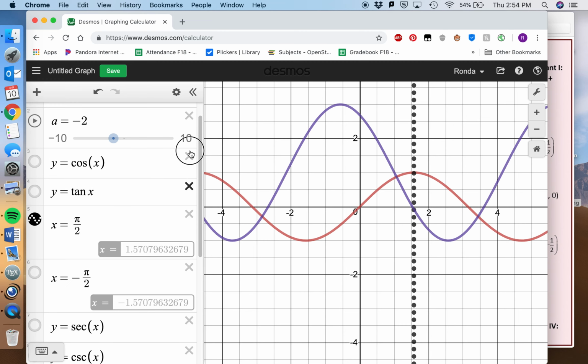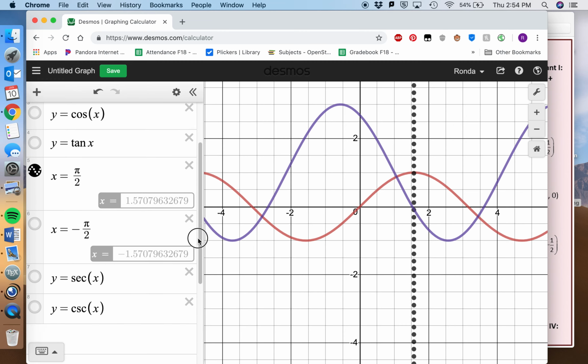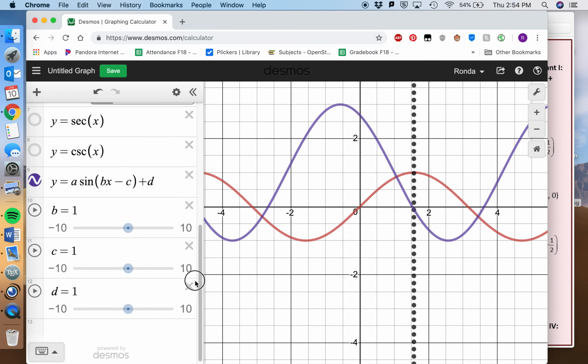But what I want you to do is move each one of these individually. Now we already talked about A being the amplitude, so you already know what A is. It changes the height of my curve. But I want you to play with B, C, and D and just tell me in one sentence each what you think B, C, and D do. And it works the same way for cosine, so if you want to look at cosine as well, you can do that. And I will see you in class.